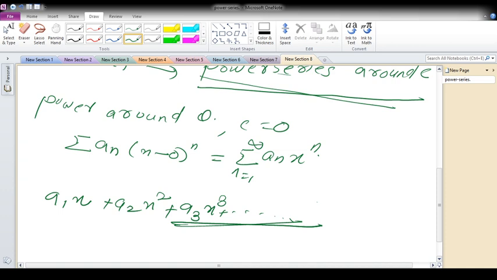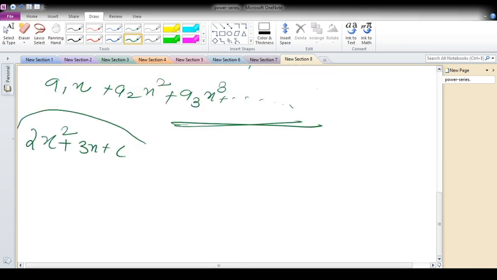Each polynomial can be treated as a form of power series. How? We will take 2x square plus 3x plus c. This is a polynomial because its degree is finite. Degree is 2. So this polynomial can be written as a power series. How?